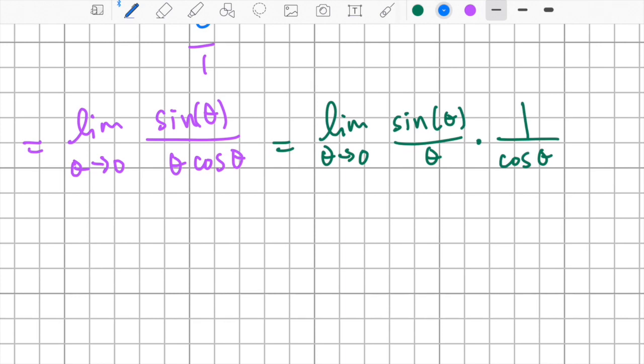So this right here is going to be 1 times, and then when I take the limit of the other one, this one's going to be cosine of 0, and we know that cosine of 0 is 1. So in reality, you have 1 times 1, and our answer is going to be 1.